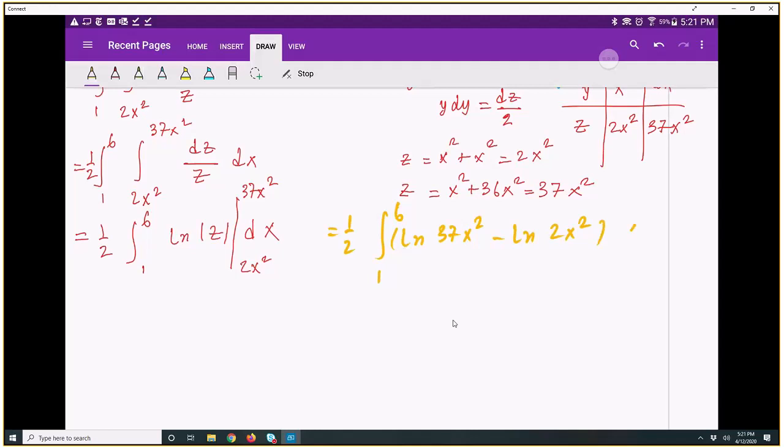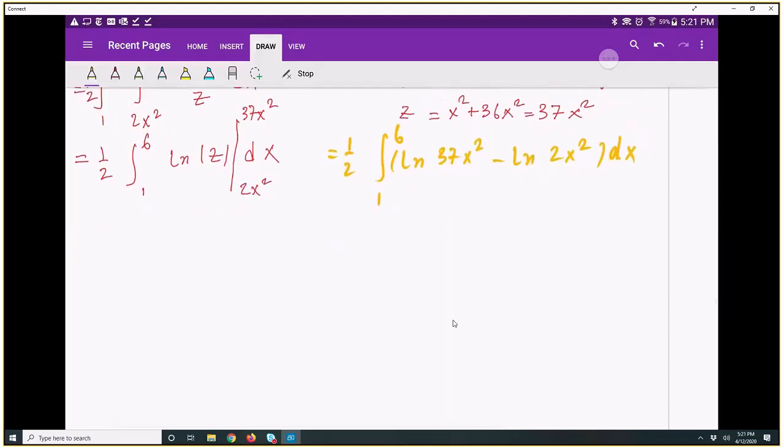Then I'm going to use the power rule of natural log first and write it as 1/2 integration 1 to 6 2 times natural log of 37x dx minus 1/2 integration 1 to 6 2 times natural log of 2x dx. I should have said square root of 37x and square root of 2x.